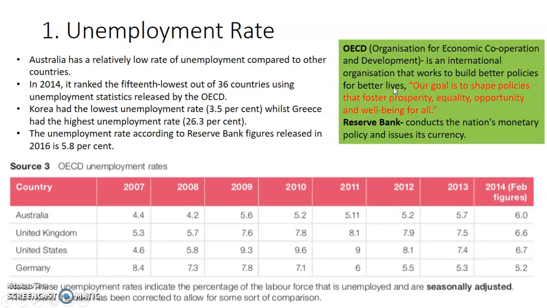It compares the economies of different countries and their education systems. Our goal is to shape policies that foster prosperity, equality, opportunity, and well-being for all. So they help countries develop policies so that the country can prosper and that cover all of this.